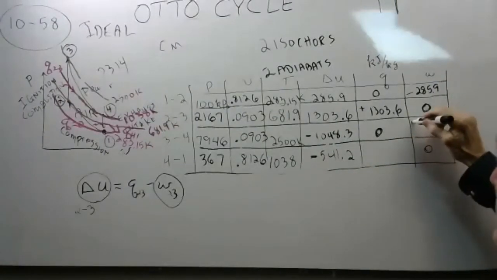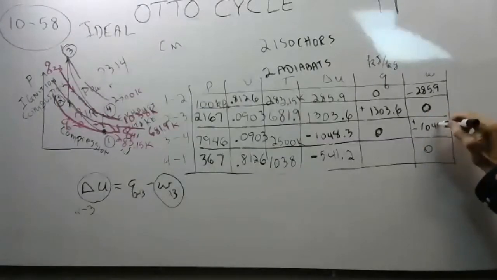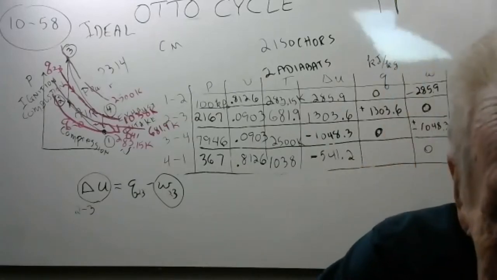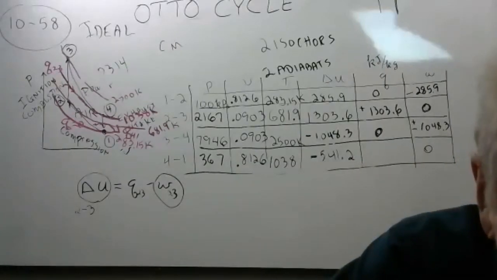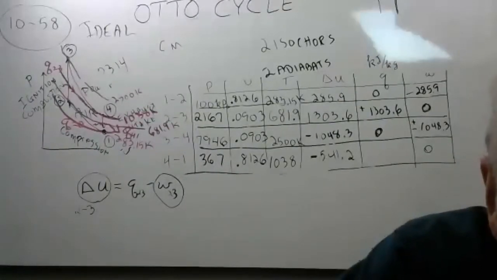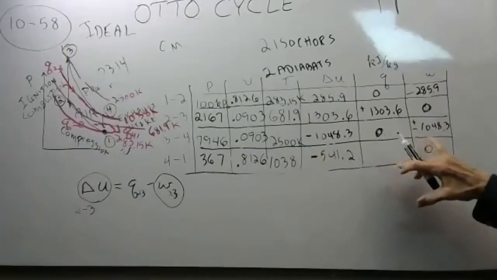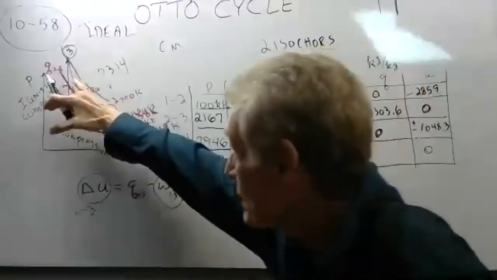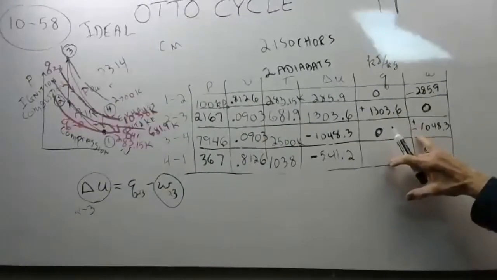Now this one here, guys, is either going to be plus or minus 1048.3. And let me go to one of my wonderful students here. Parker, I think I've been picking on you too many times, but that's okay. You're a good sport. Parker, the work per mass going from 3 to 4, is it positive or negative, Parker?